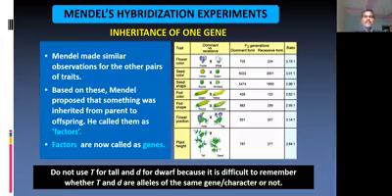Based on these, Mendel proposed that something was inherited, something was hidden, something was suppressed, something was not expressed from the parent to offspring. Remember, he called them factors. Whatever characters we get from the mother and father may not be expressed in the children.